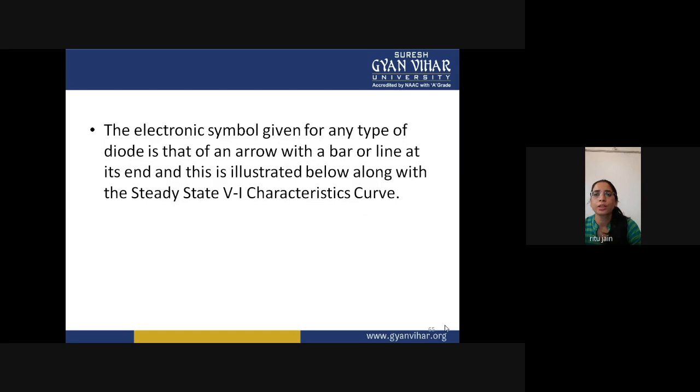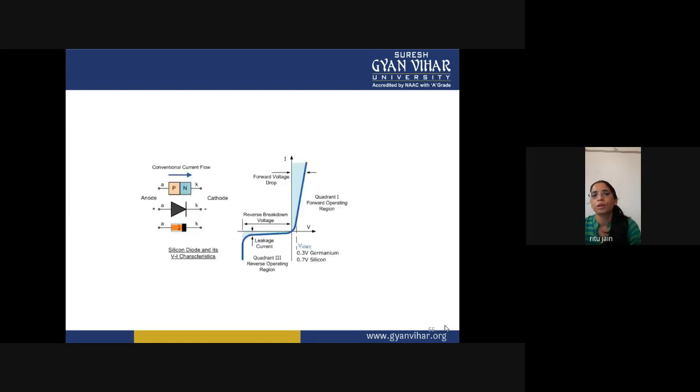The electronic symbol for any diode is that of an arrow. You can represent the diode by using a symbol, which is an arrow with a bar or line at its end, and this is illustrated below along with the steady state VI characteristic curve. From the diagram, it is easy to understand the symbol of a diode.